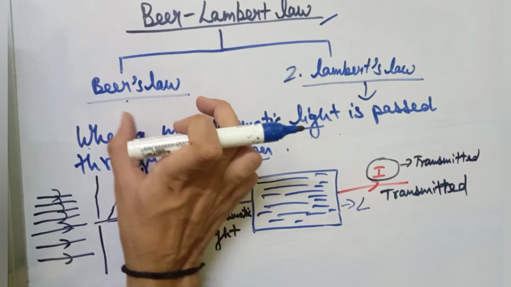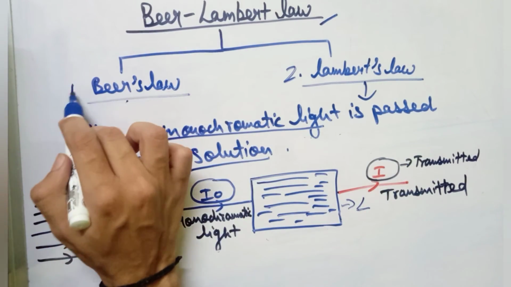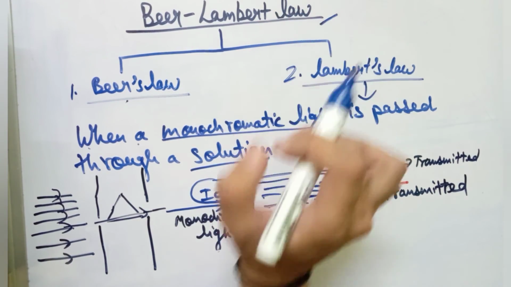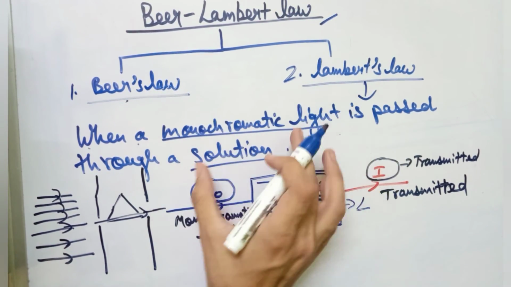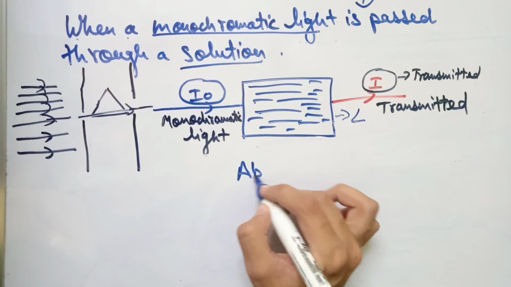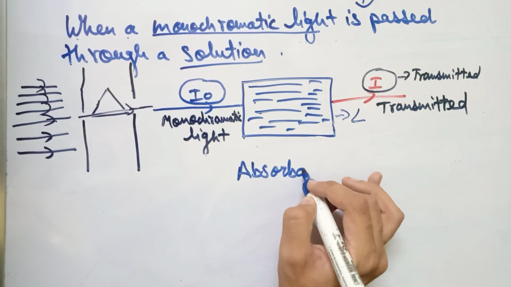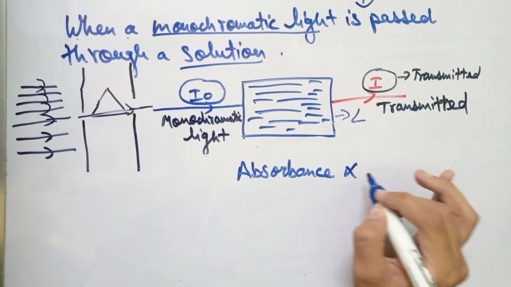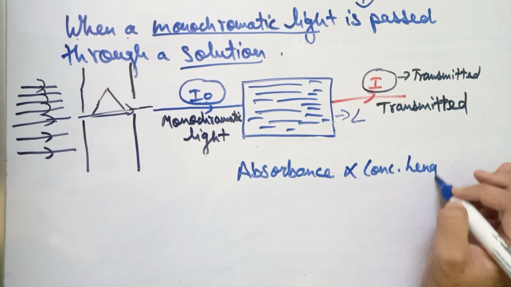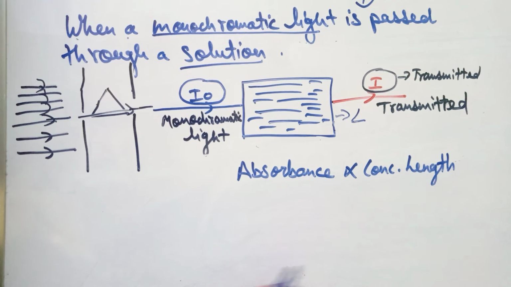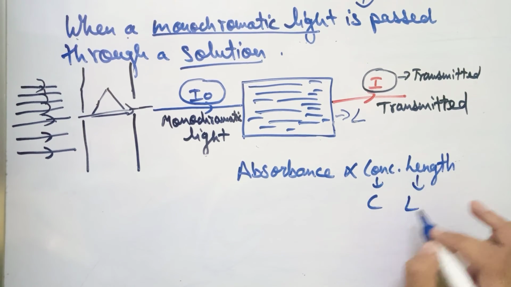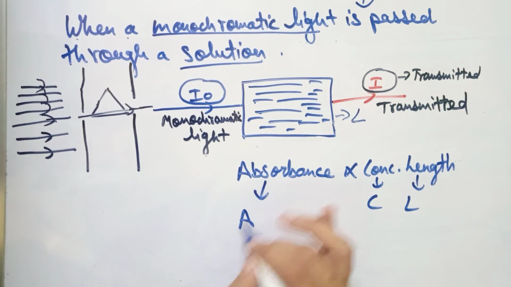Now as we combine both laws, Beer's law and Lambert's law, it becomes the Beer-Lambert's law. As we combine both statements, this Beer-Lambert law can be written as: the absorbance is directly proportional to the concentration of the solution as well as the length of the medium in which the solution is kept. We write the concentration as C, the length as L, and A as the absorbance.